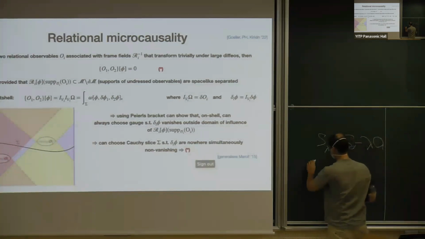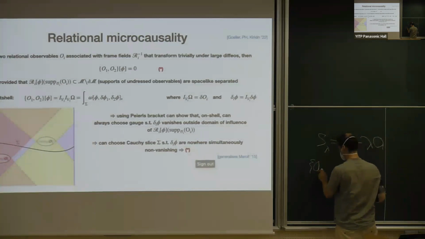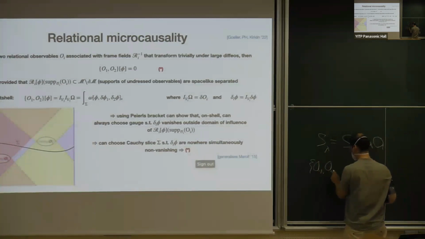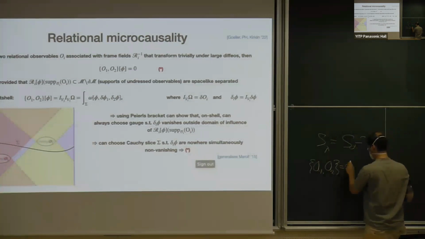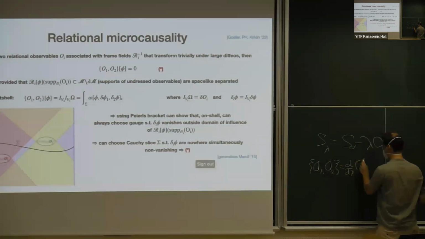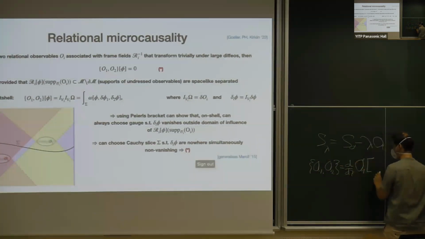So let me write it down, O1, O2. Sorry for my handwriting, it's with my left hand. Here, this would be defined by O1, and then you evaluate it on solutions.